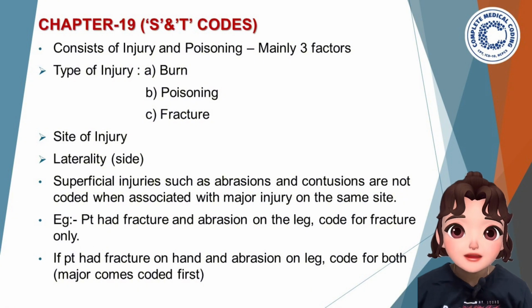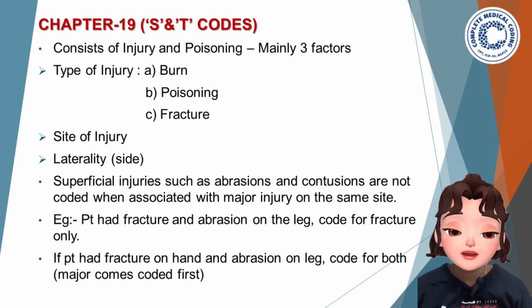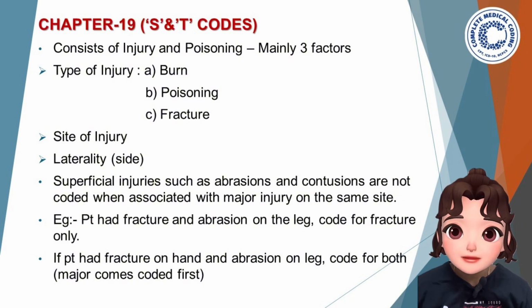Each one is important. How to code each one? Then comes the site of injury, where it has occurred. Then comes the laterality, means side, whether it is bilateral or unilateral or which side it is. So these three you have to always check while coding for the injury.